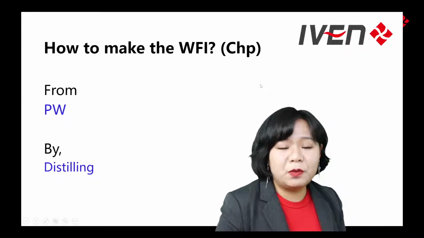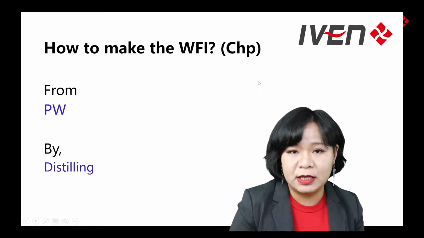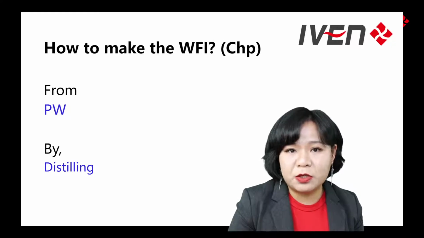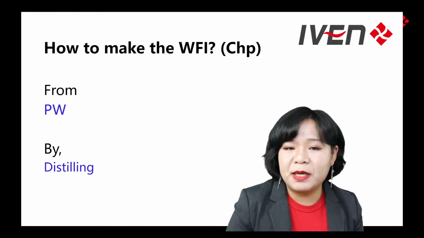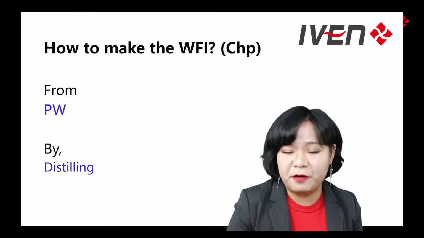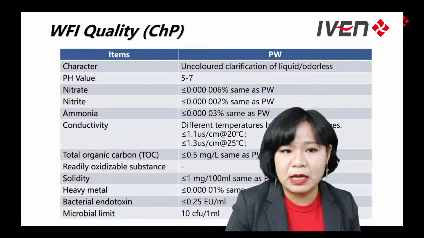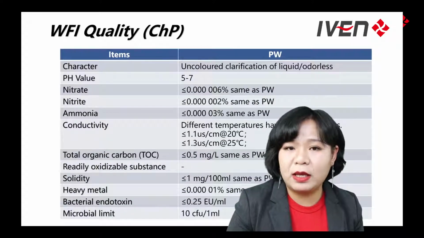So how to make the WFI? WFI means water for injection. As we all know, the raw water for WFI is PW. So we need to make the WFI from PW by distilling. This is the quality for the WFI from CHP.